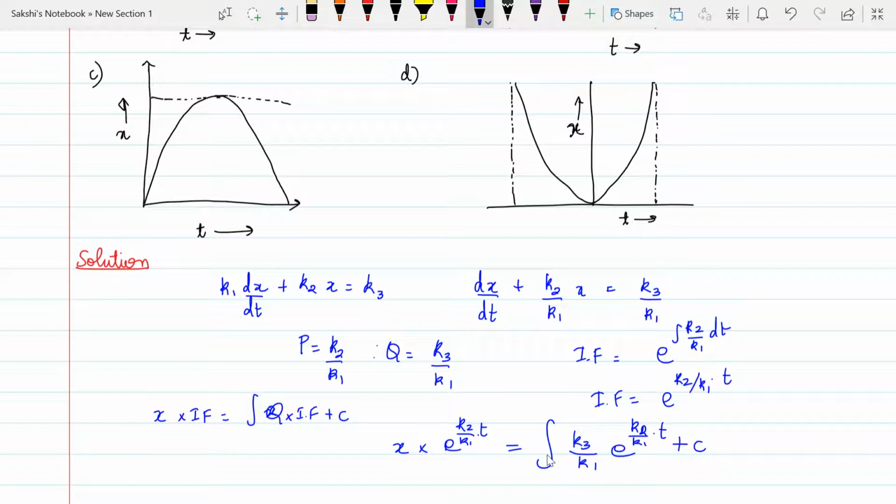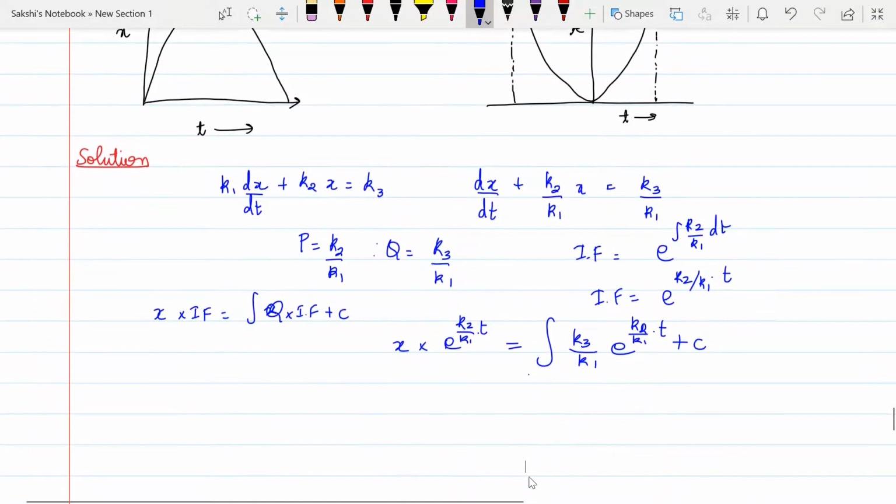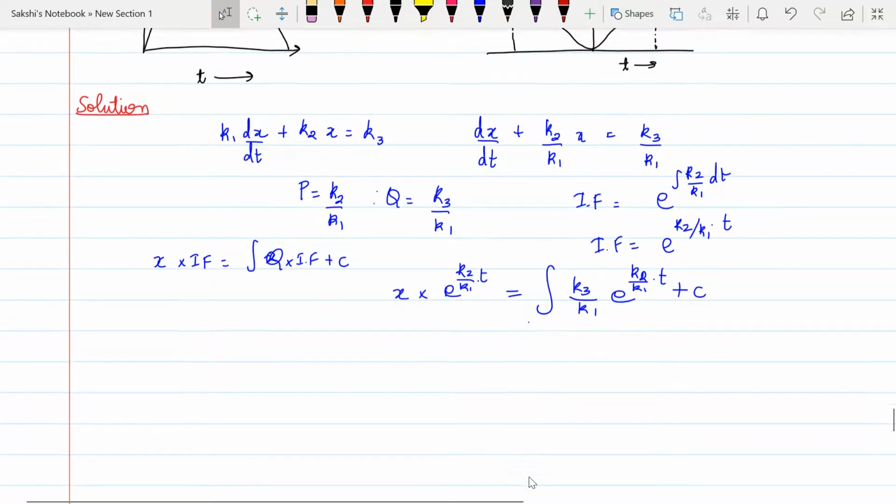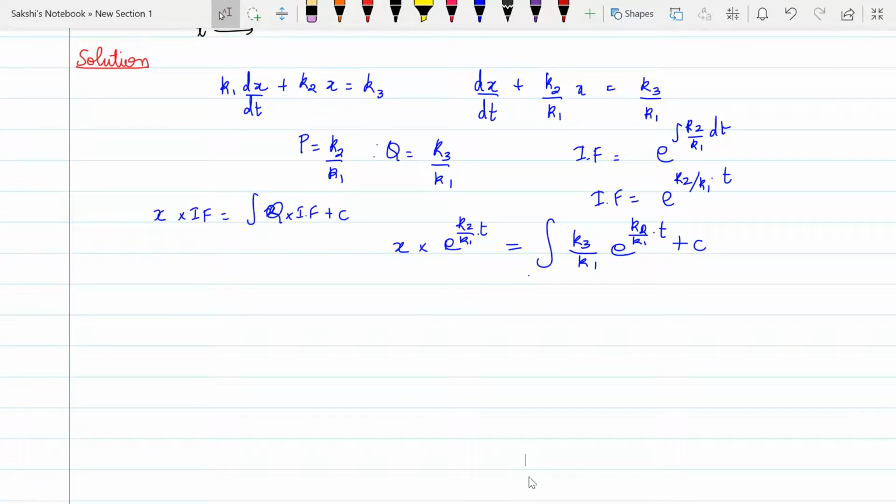I have just included this integration constant at first, so there is no need for you to add again. So x into e power k2 by k1 into t will be equal to, when you integrate this, you are going to get k3 by k1 into k1 by k2, e power k2 by k1 into t plus c.